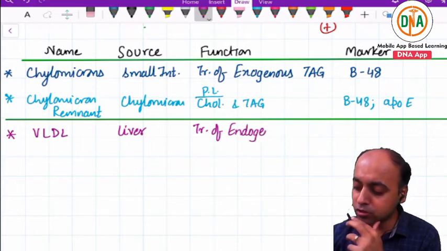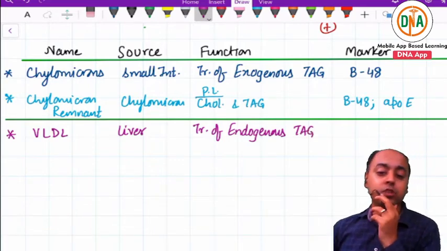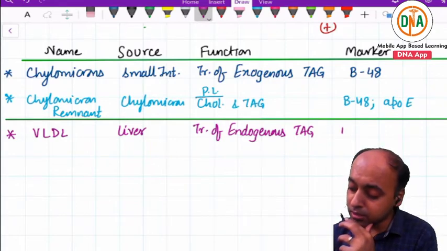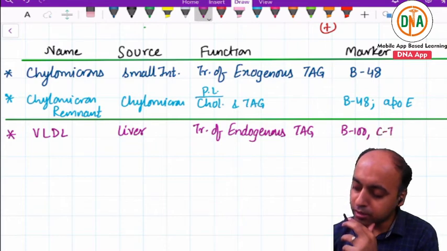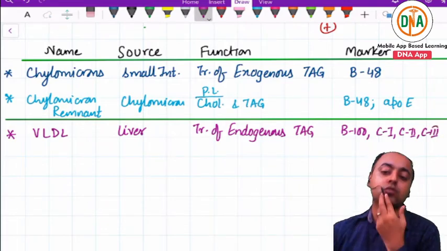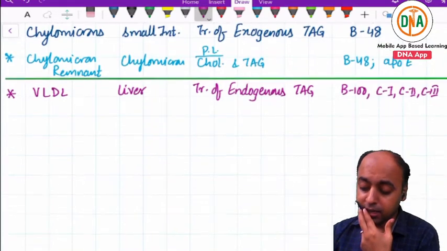This is the triacylglycerol which is synthesized by the liver for the extravascular tissue. Its marker is B100. But in addition to B100, you will also find various types of ApoC: C1, C2, C3. So multiple apolipoproteins on the surface of VLDL are a significant point.